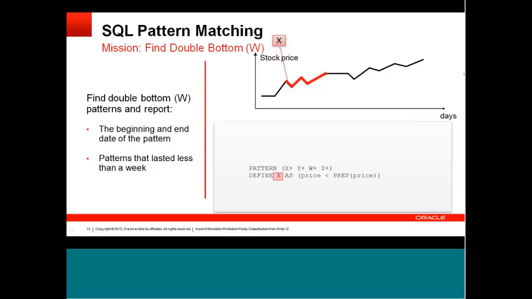So this is the logical condition which says the price of the current row must be less than the price of the previous row, and any rows which satisfy this condition will be mapped to X. If you look at the diagram, X signifies the steep downfall or dip in the price of the stock.